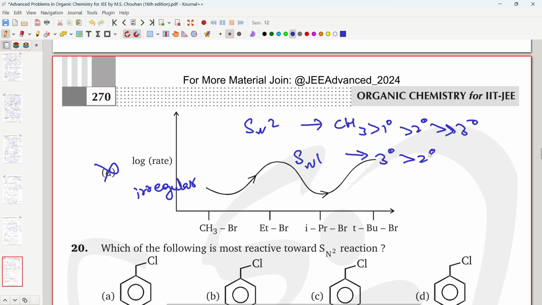SN1 is tertiary, secondary, primary, methyl.